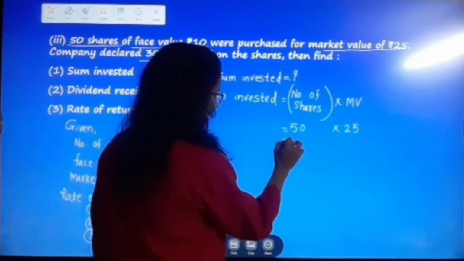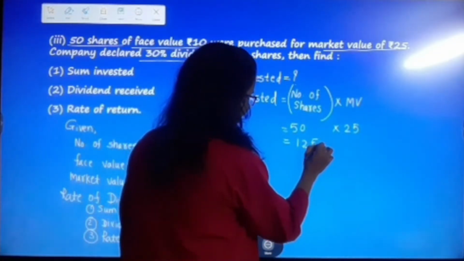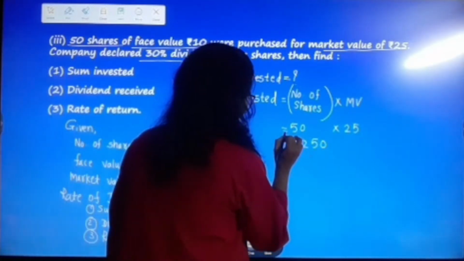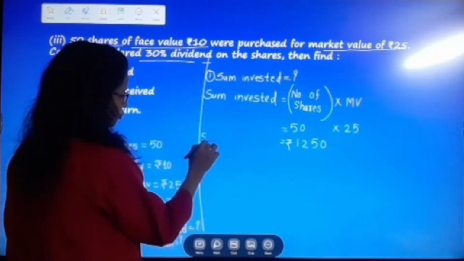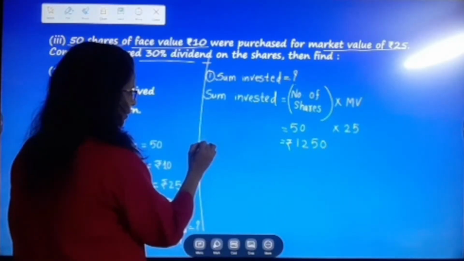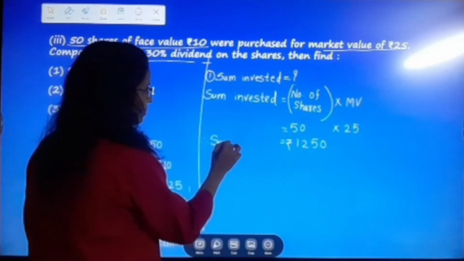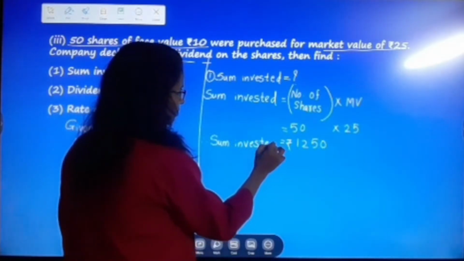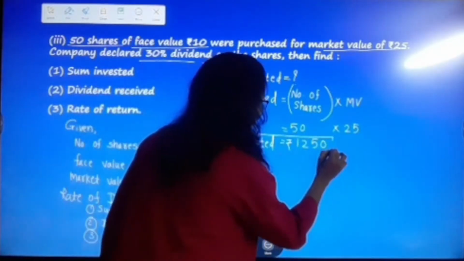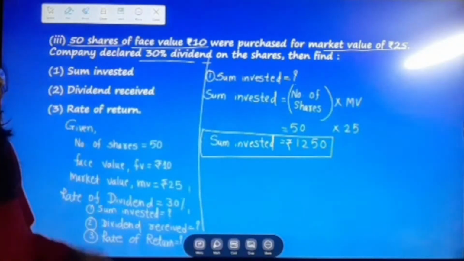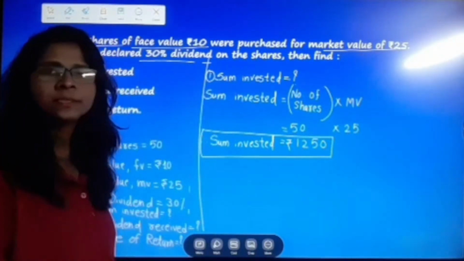So 25 fives are 125, which is equal to rupees 1250. Therefore sum invested is equal to 1250. Now the first part is completed.